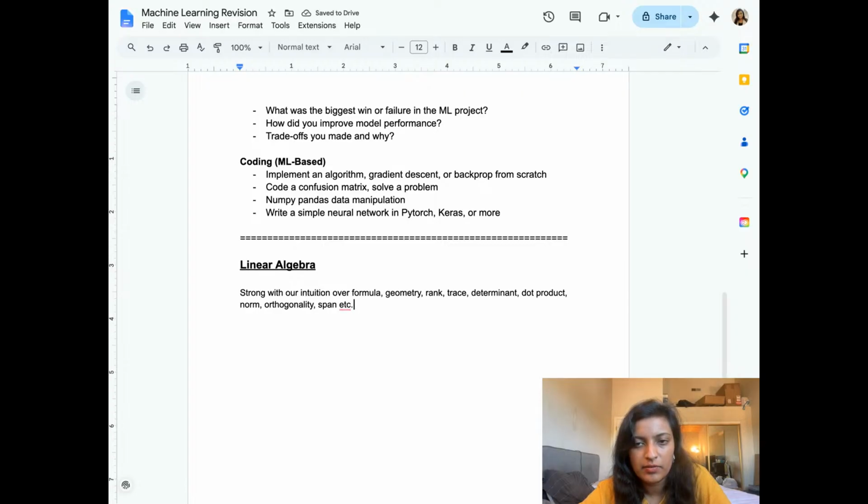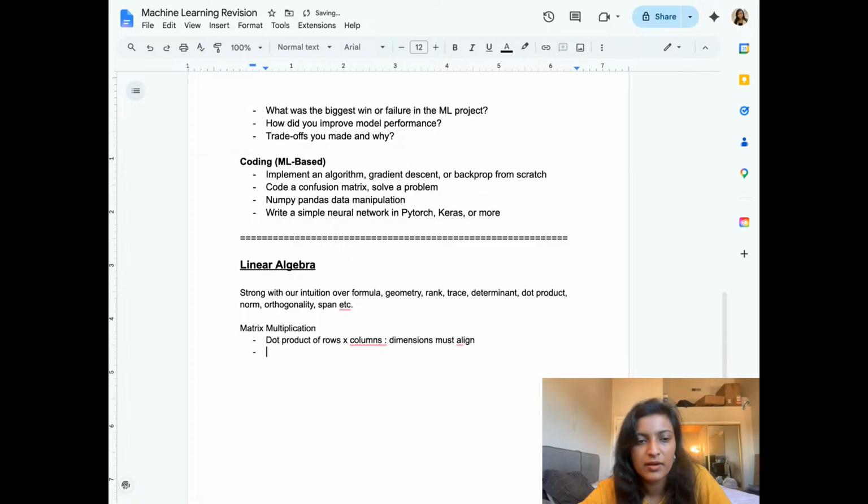So first, let me revise a little bit from my notes and I'll write some concepts. Matrix multiplication. This is basically dot product of rows and columns, and dimensions must align to be able to multiply.